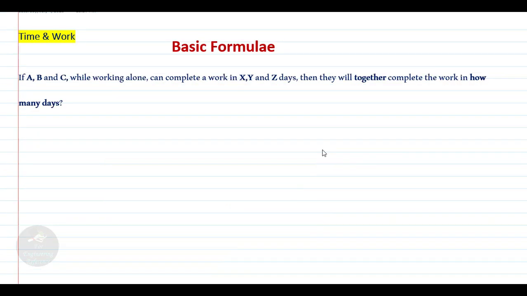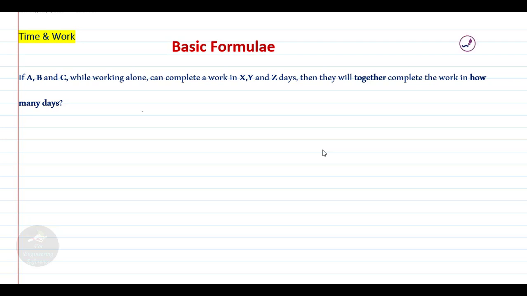In the previous question, we saw A and B. Similarly, here, 3 persons A, B and C working alone can complete a work in X, Y, Z days respectively. Then we have to find in how many days they can finish the work if all work together. What is the formula for 2 persons' completion?